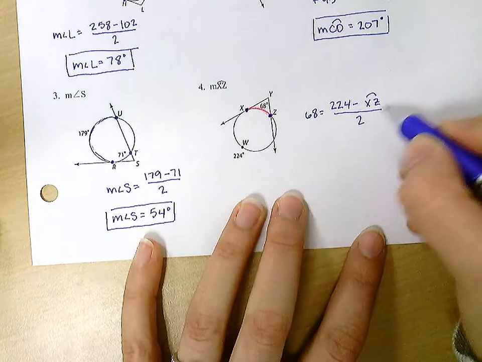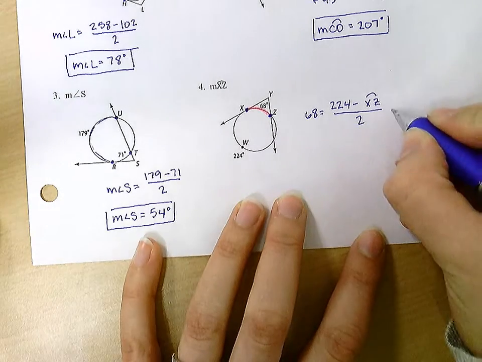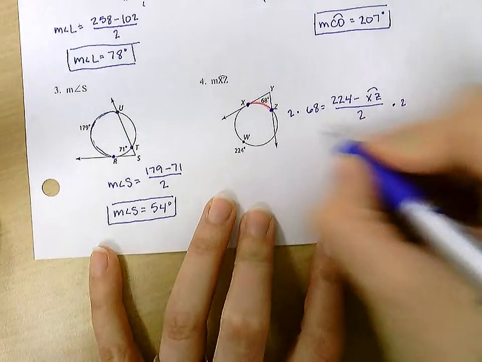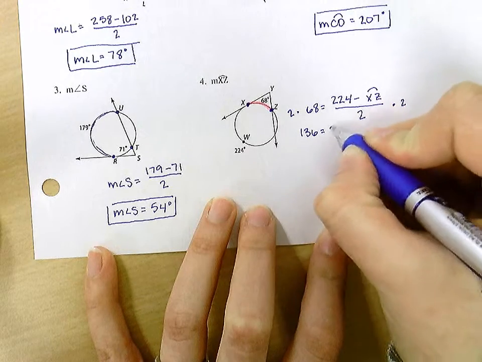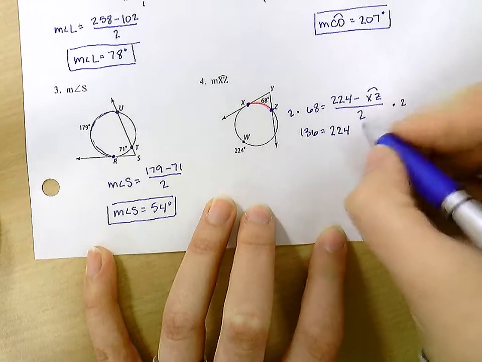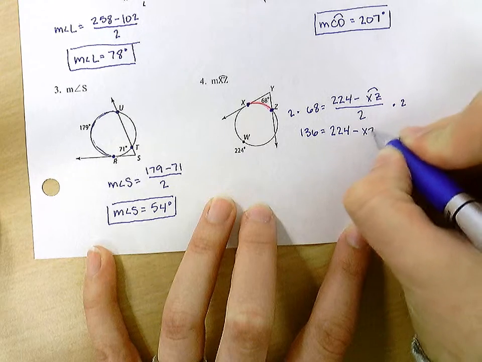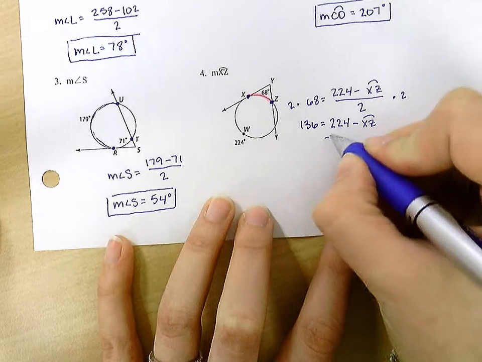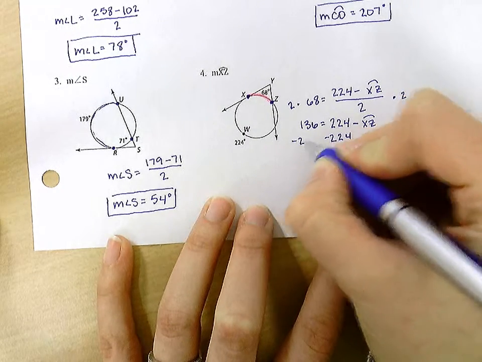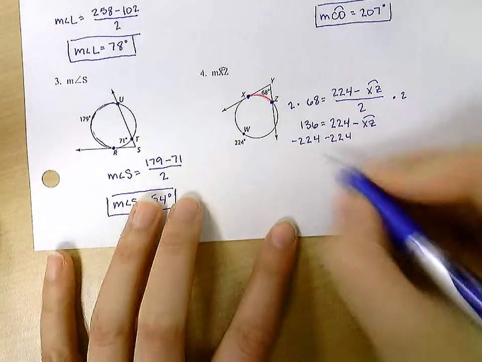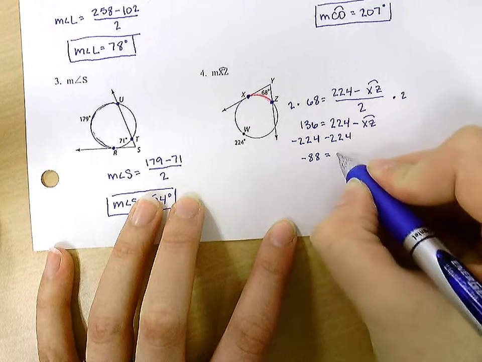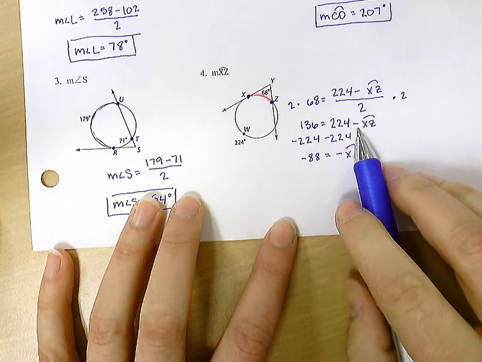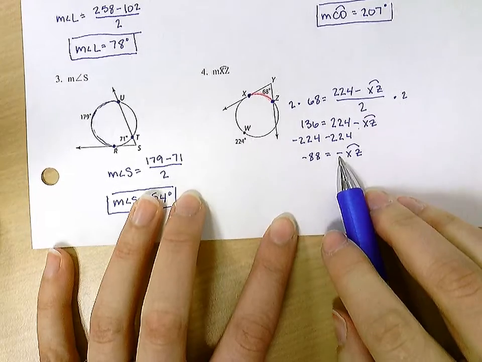Okay, from here I'm trying to solve for this XZ right here. So I'm going to multiply both sides by 2. So I have 136 equals 224 minus XZ. I'll subtract 224 from both sides. So I get negative 88 equals negative XZ, because this is a subtraction sign.